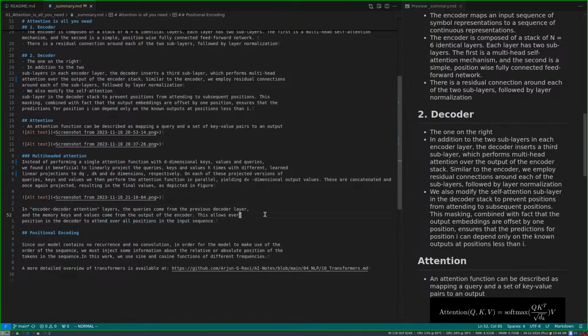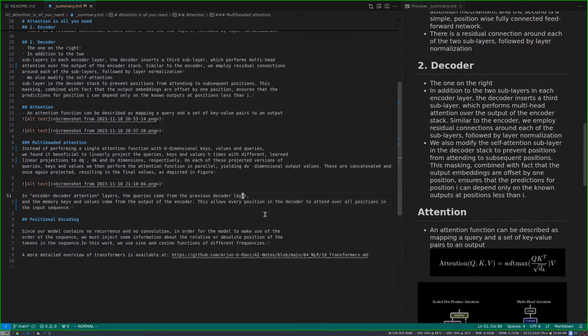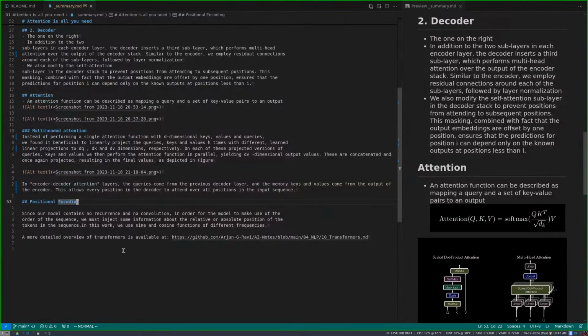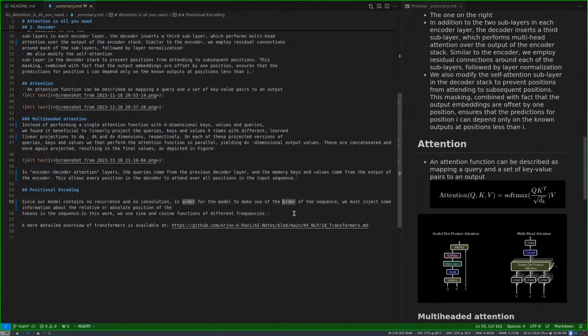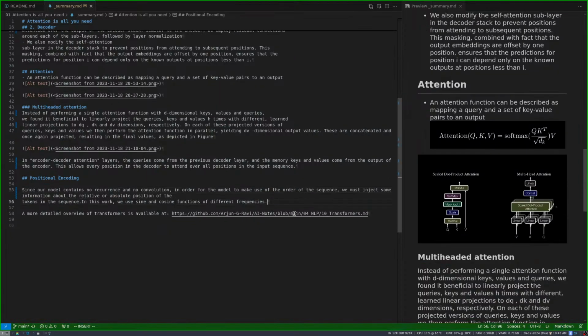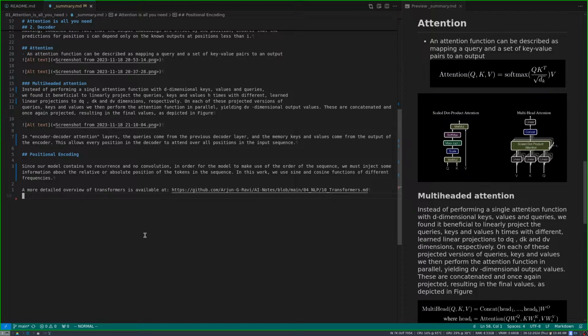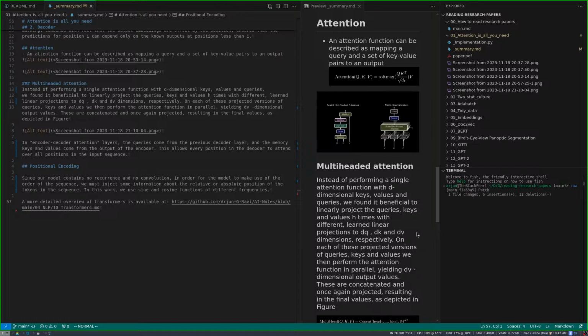Positional encoding: since our model contains no recurrence or convolution, we must inject information about the position of the tokens in the sequence. In this work, we use sine and cosine functions of different frequencies.